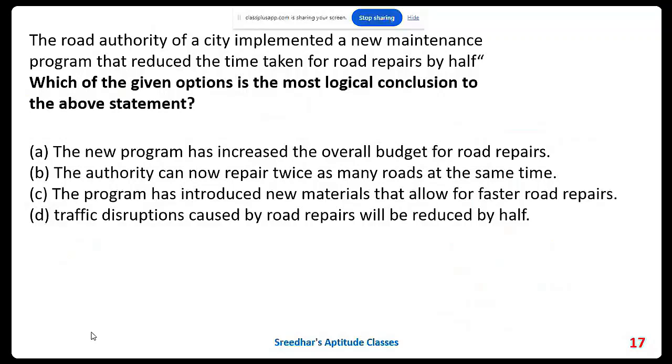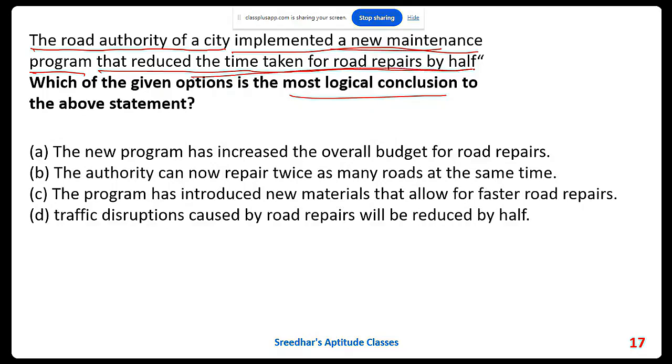Right. So the statement is: the road authority of a city implemented a new maintenance program that reduced the time taken for road repairs by half. Which of the given options is the most logical conclusion to the above statement? So the statement is saying that the new maintenance program is reducing the time taken to repair the roads by half.